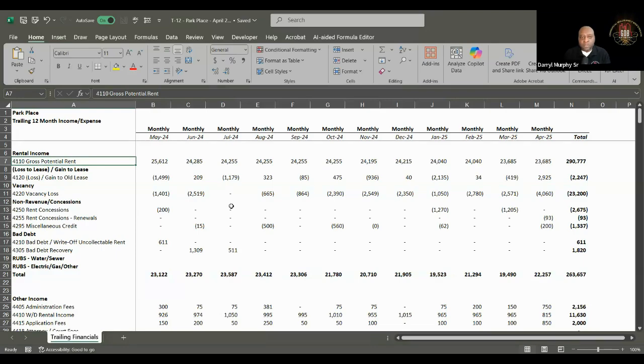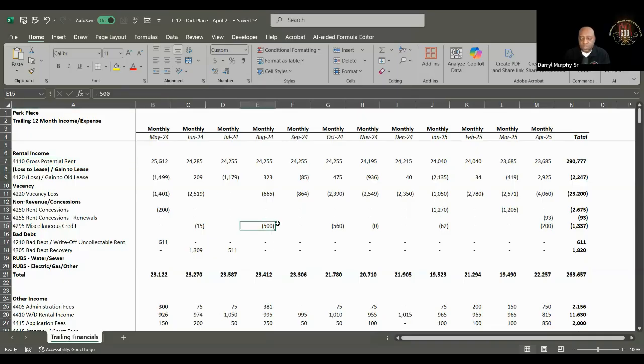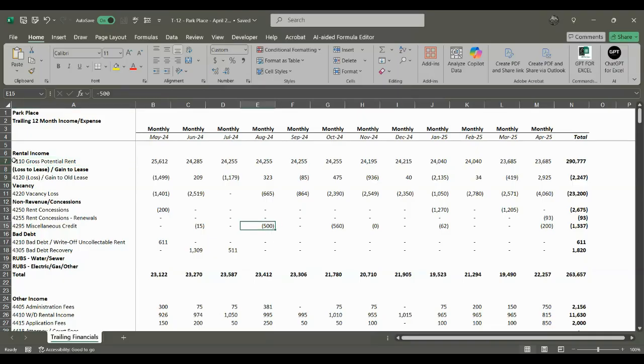Look at the gross potential rent. Are you concerned about anything, or should I rephrase that and say, do you have any questions that you would ask the broker? Don't look at anything else except the gross potential rent. It's slowly decreasing every month. Why?